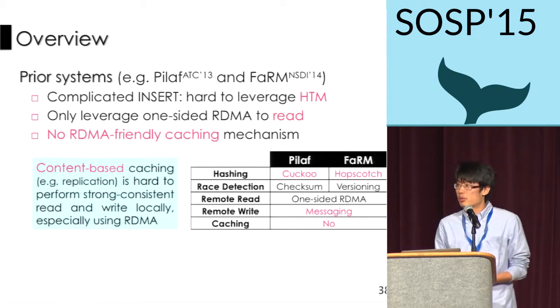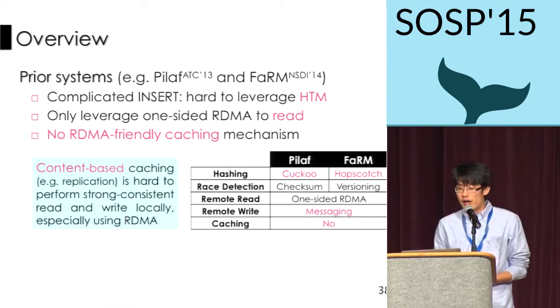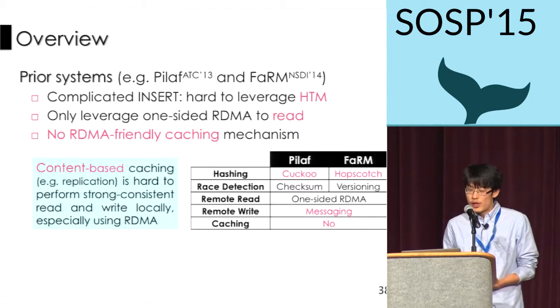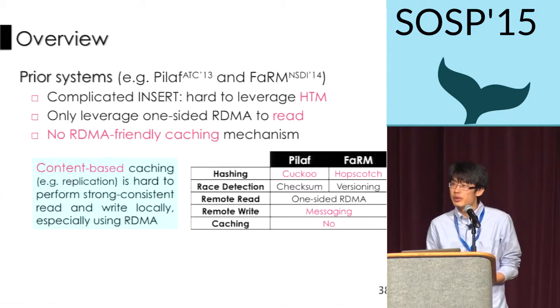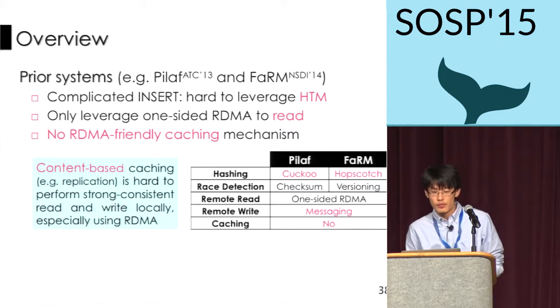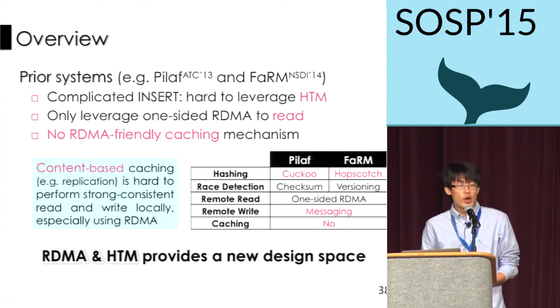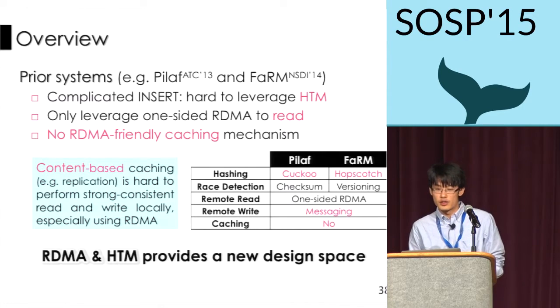They offloaded the modifications to the host machine for ease of race detection. And they also do not provide an RDMA-friendly caching scheme, since content-based caching is hard to implement efficiently, especially when using RDMA operations. So in DrTM, RDMA combined with HTM provides a new design space for us.